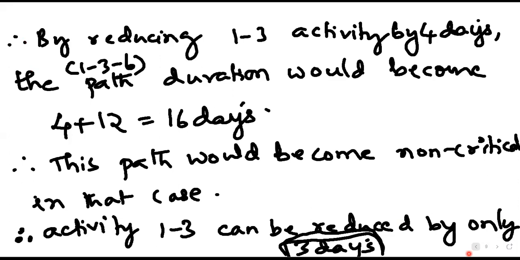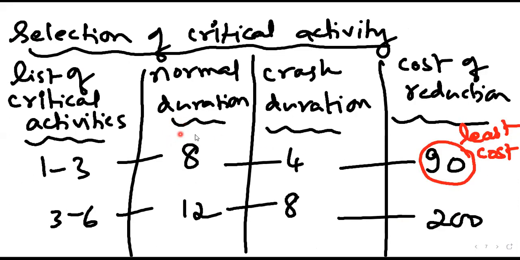Crash duration means what? Say normal duration is 8 days and crash duration is 4 days. That means this is the maximum possible number of days by which you can reduce. In other words, it is in the range of 1, 2, 3, and 4, not beyond that. Are you getting this?